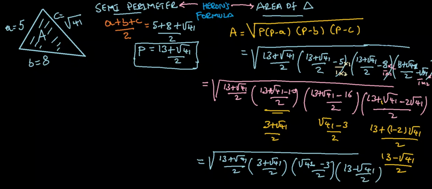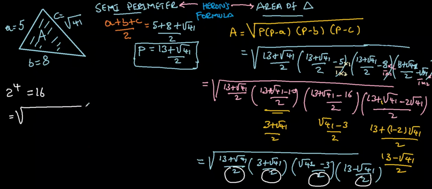Then next, you have to bring these four together. So that means 2 to the power of 4. This will be 16, right? So the denominator becomes 16.